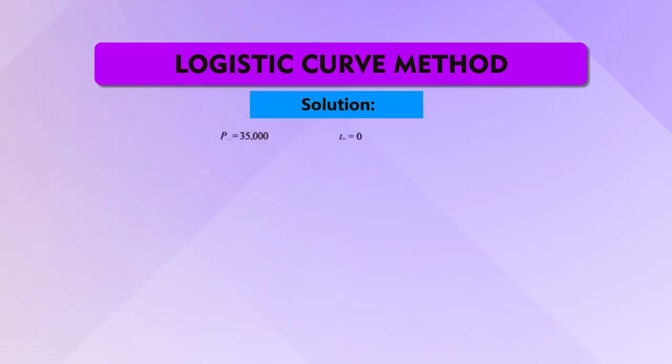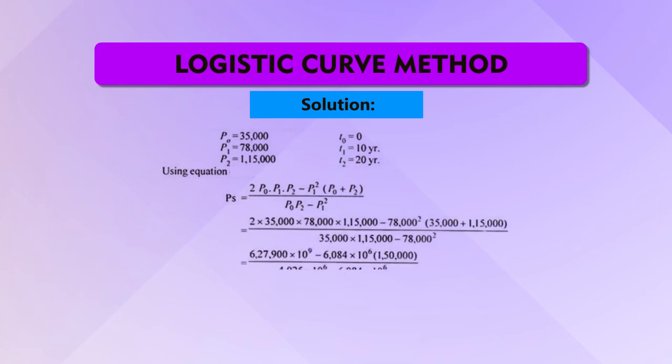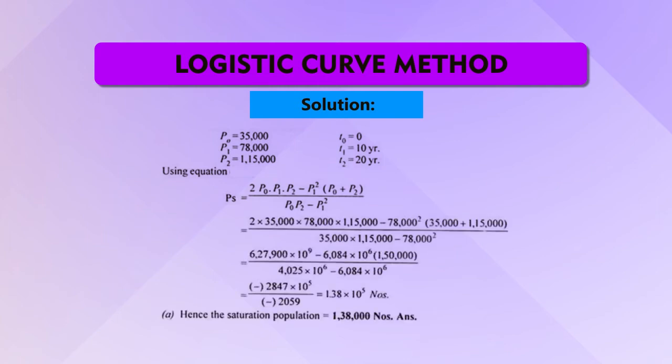So we take the three given years starting from 0 and use the formula Ps = 2P0P1P2 minus P1 squared, in bracket P0 plus P2, divided by P0P2 minus P1 squared. Putting in all the values, the answer comes to 1,38,000. This is the saturation population.